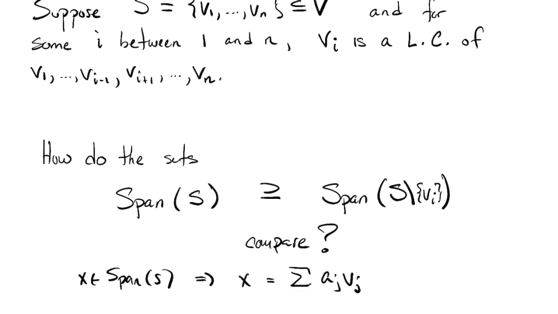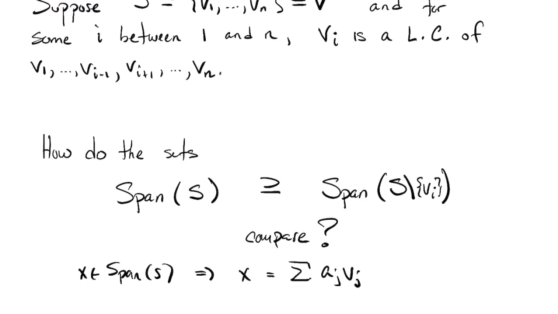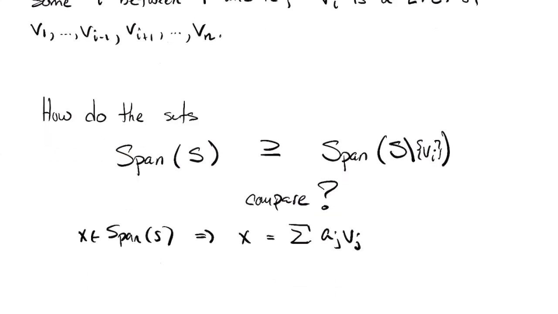But let me just sort of carve vi, the ith vector, out of there. I can write this thing as the sum over the j's that aren't equal to i of aj vj, plus that ith one.